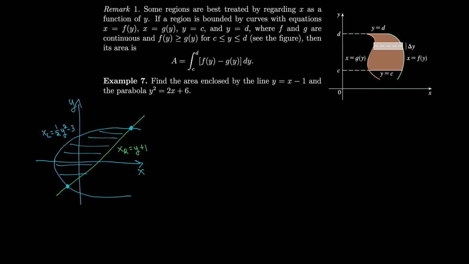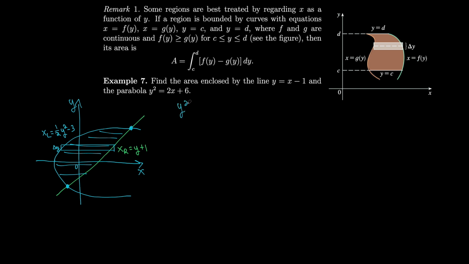Notice that if we draw a rectangle over here horizontally, then the rectangle has a tiny change in height, delta y. So let's figure out where these things intersect. We'll have to solve the system of these two equations.